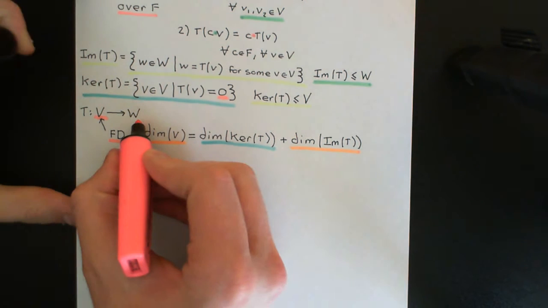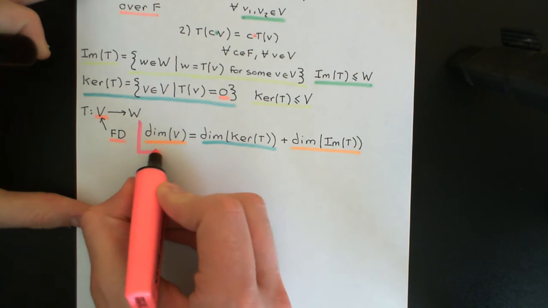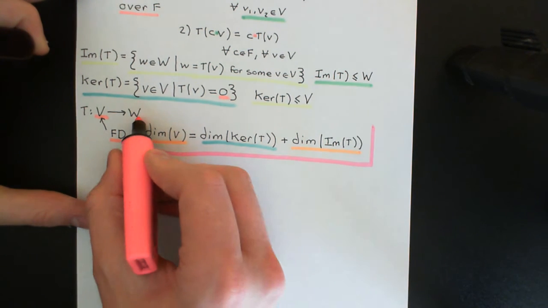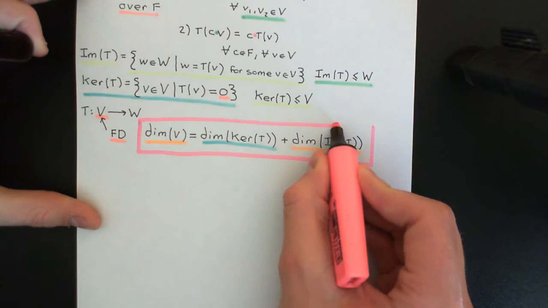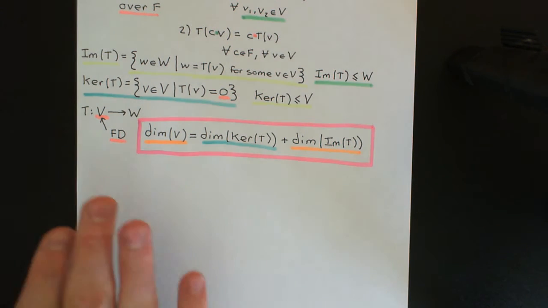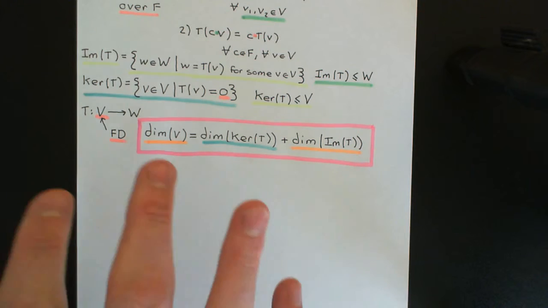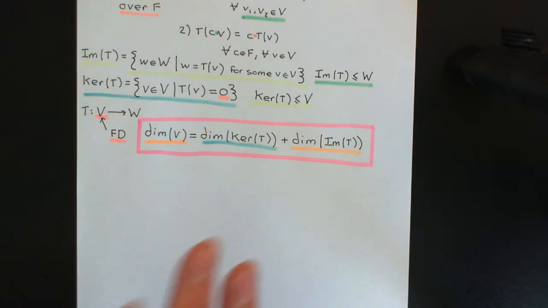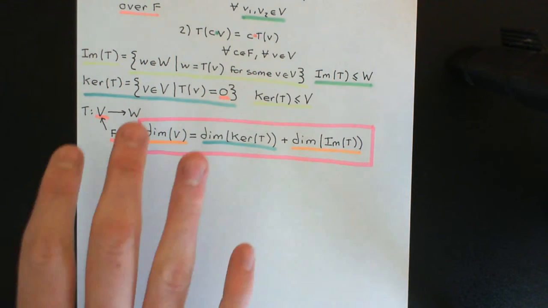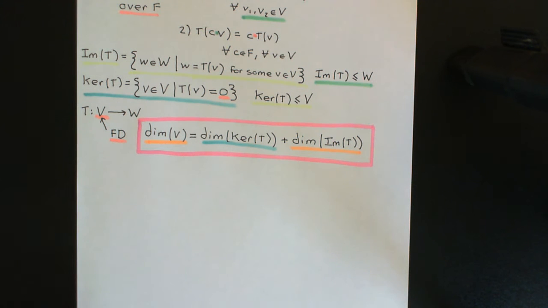Now, really, the dimension formula, the actual formula here itself, is not as important as the understanding of why it is true. Okay, so really this formula just captures in a nice line a very important concept. When we're proving this, we'll get a very good understanding of linear transformations.